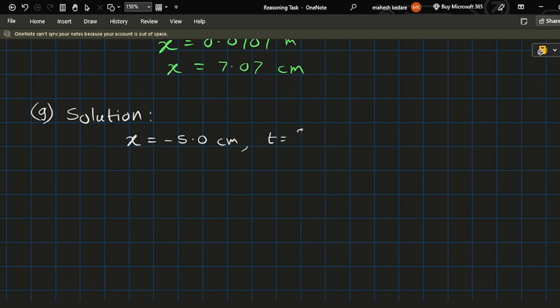They ask for the first time because oscillatory motion is a repetitive motion. The object will pass through the same position again and again. We have to find the first time the object is at a distance of minus 5.0.